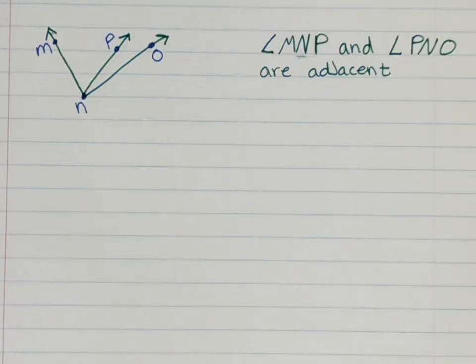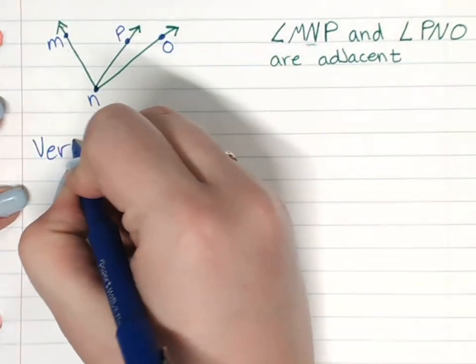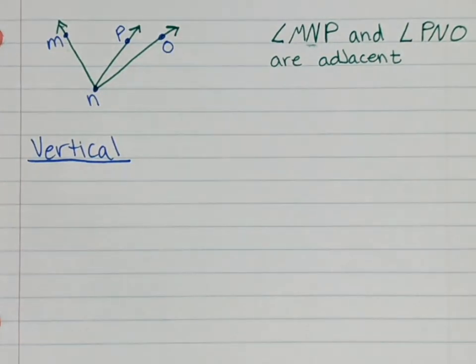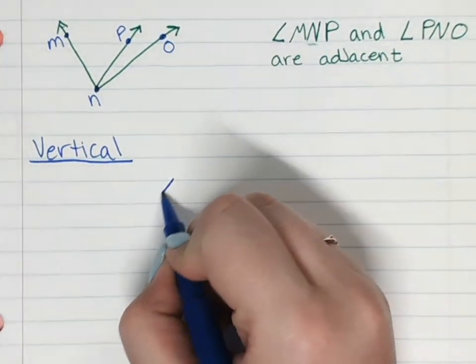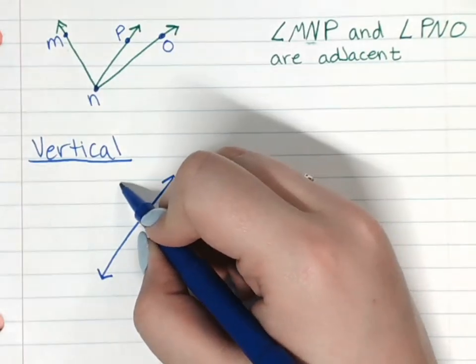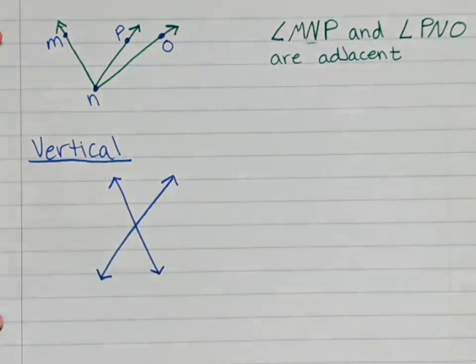Okay, and now we are going to talk about vertical angles again. So if you draw any two lines that cross, so I'm going to draw a diagonal line here, and we'll draw a diagonal line there. Okay, see how they cross in the middle?